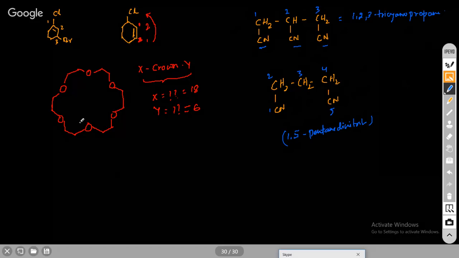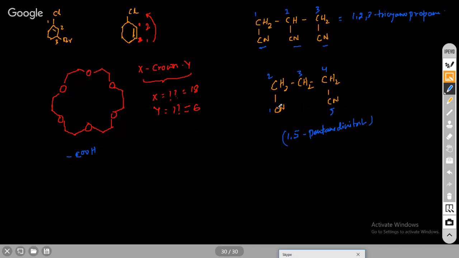You must have remembered that we always start numbering from the carbon atom of the cyano group. Even for carboxylic acid also, we start numbering from the carbon atom of this functional group, right? But in this case, when we have more than two carbon containing functional groups attached to the unbranched alkane, then we don't consider them in the parent chain. It will be 1, 2, and 3 tricyano-propane, right?